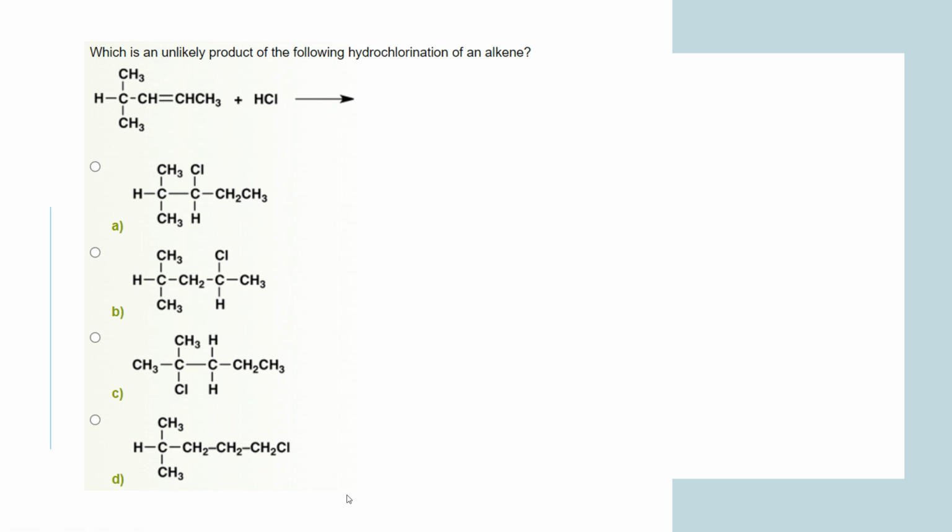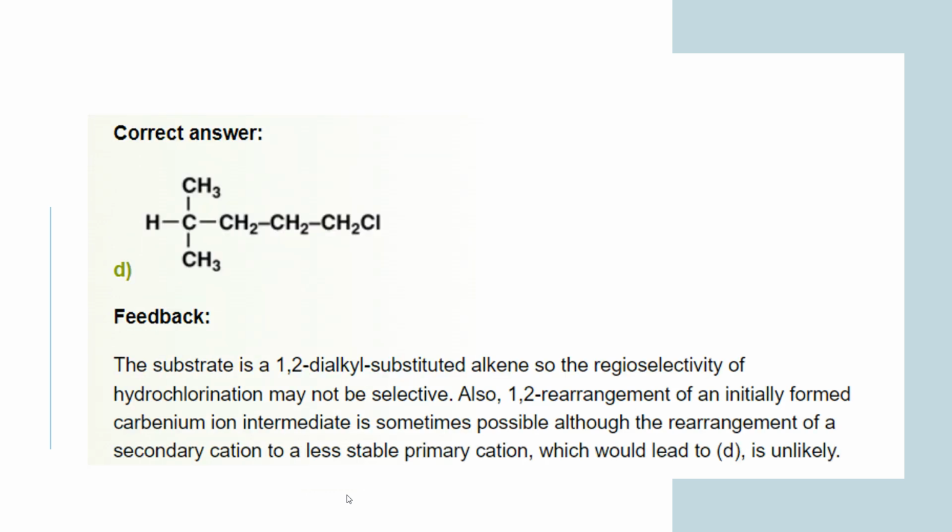So if you are asked which is the unlikely product, like which product of these will not be formed in any case of this hydrochlorination, then you have to answer that option D is the correct answer. And you can note down the brief description of this answer as well.